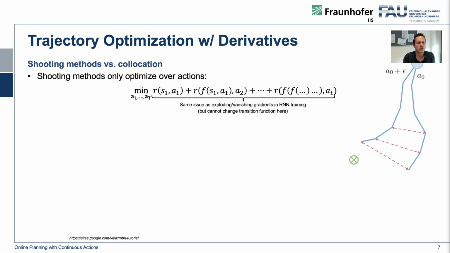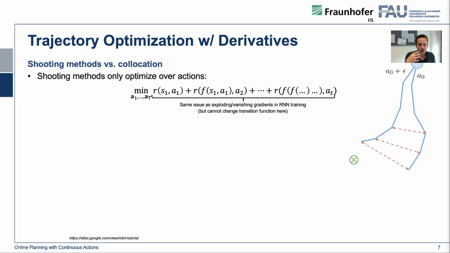We also know such issues from the exploding and vanishing gradient problems that we see in the training of recurrent neural networks. As we make small changes in here, this might lead us to end up at a completely different position downstream in the trajectory. So this is not a well defined or well conditioned optimization problem, as we have a high sensitivity to early changes.